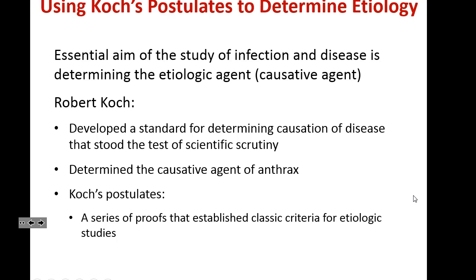He determined the causative agent of anthrax and developed Koch's postulates, which are a series of proofs that establish classic criteria for etiologic studies. What did we say the word etiologic meant? An etiologic agent is the causative agent.